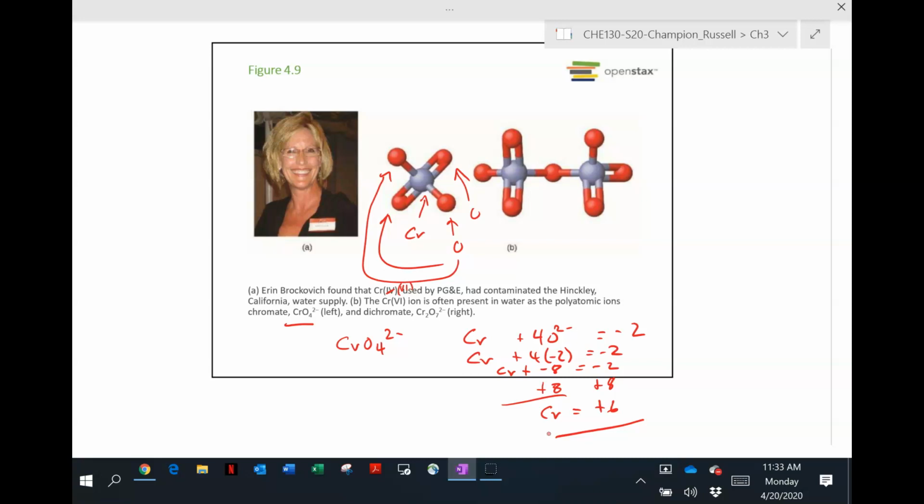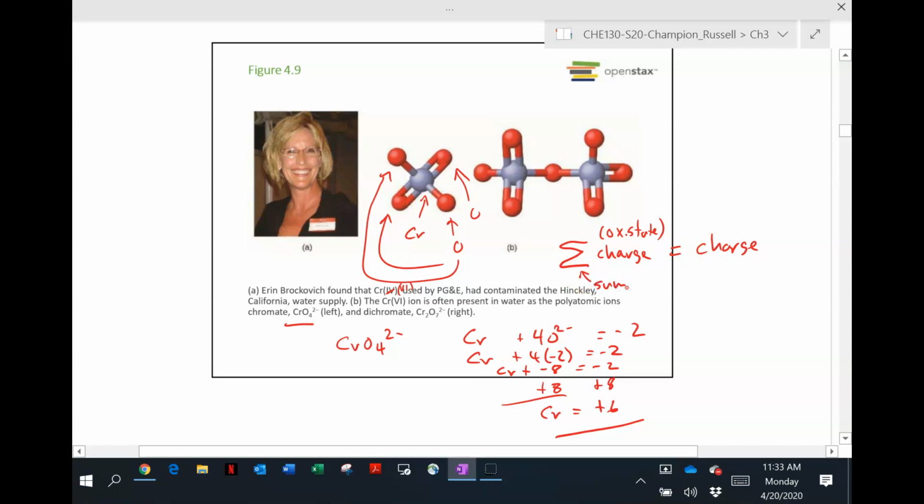Chromium is one of those ones that has variable oxidation states. That's the tie-in to this. The equation I'm using is that if I do the sum of the charge or the oxidation state, if you do that over whatever you have, that's equal to the charge. This means, of course, sum.